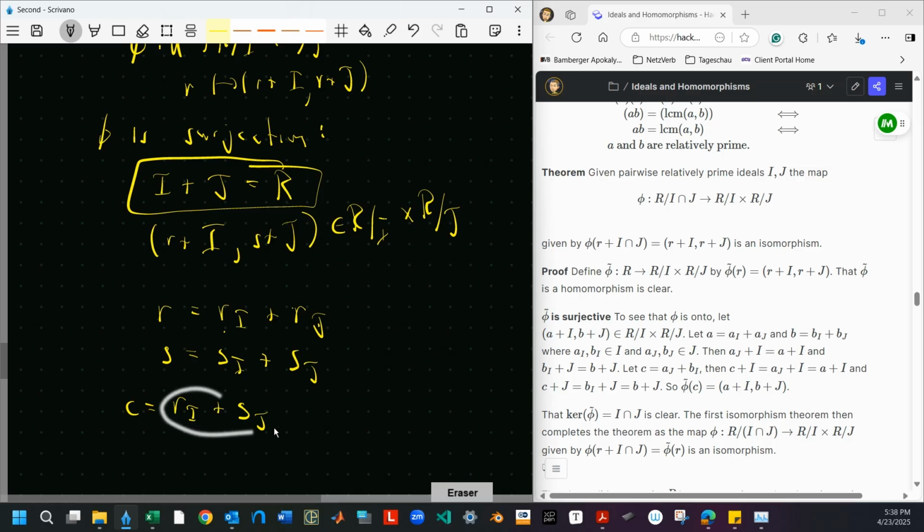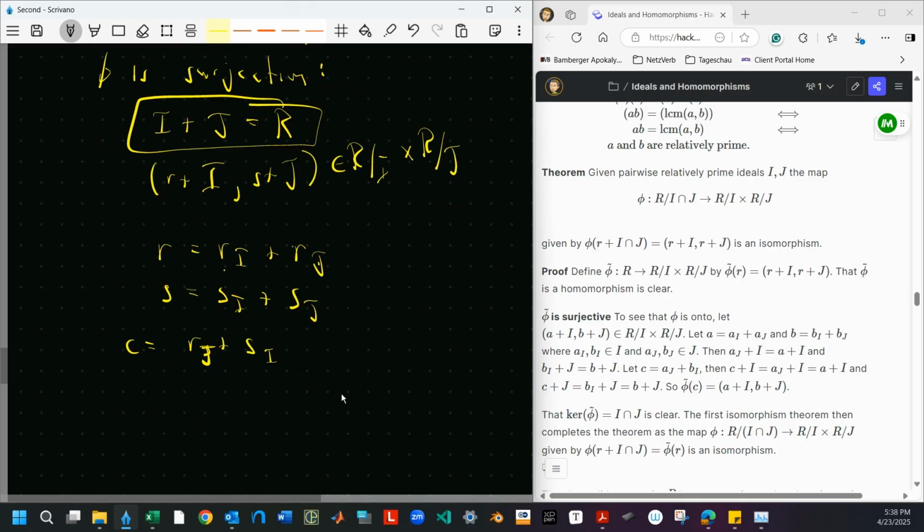I'm going to flip it around. c is equal to r_J plus s_I. That's what I'm trying to say.